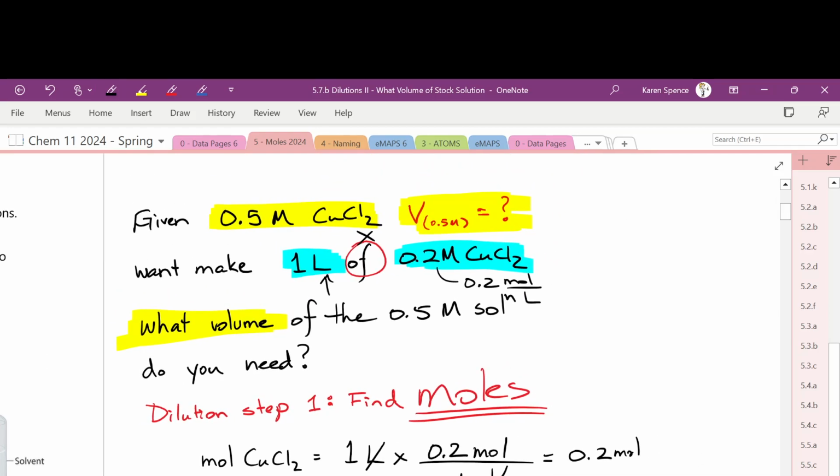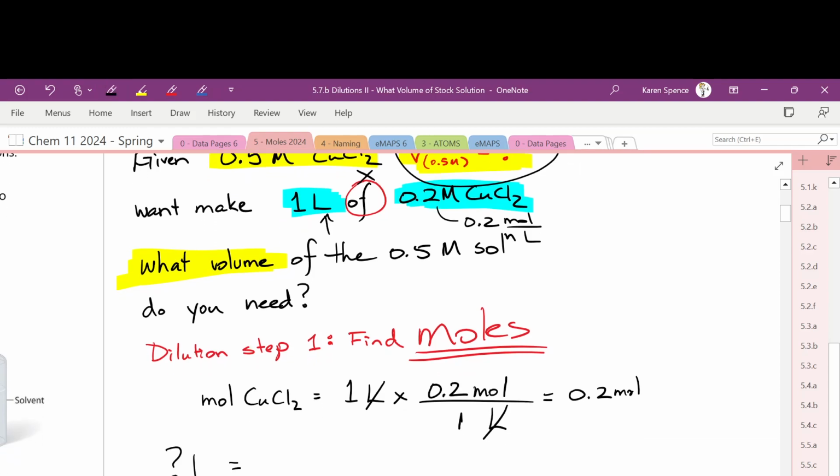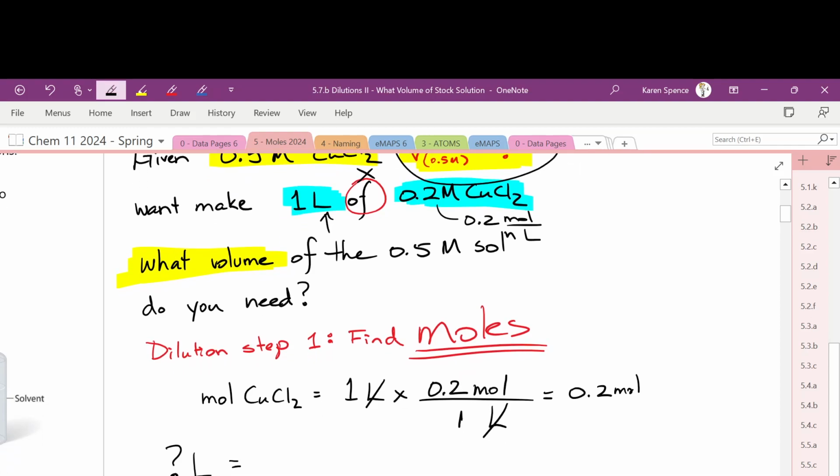Now we need to find a volume, which is, what do we measure volume in? Liters. Volume is measured in liters. So we don't know how many liters of 0.5 molar is going to give me 0.2 moles, because I need 0.2 moles, right?